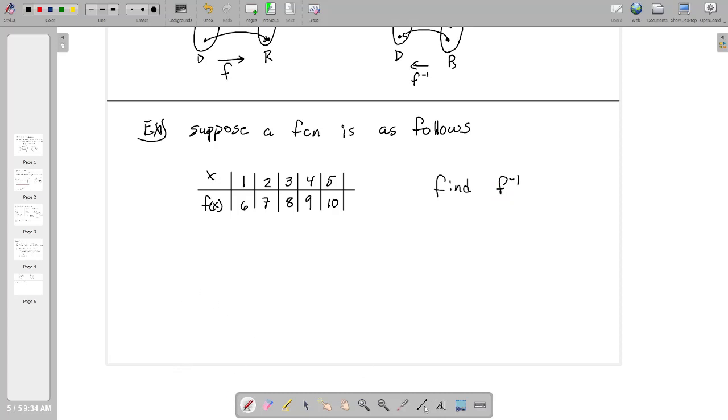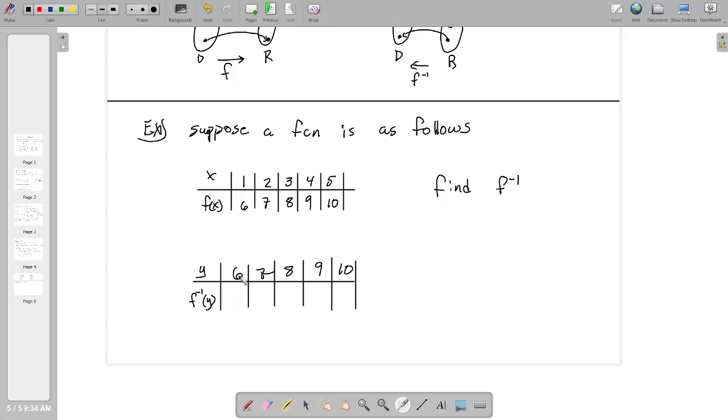So let's now look at it to find the solution here. Y and f inverse of y. So now we look at the y values. We'll have 6, 7, 8, 9, and 10. And we're going to assign the pre-image value. So 6 is the image of 1.